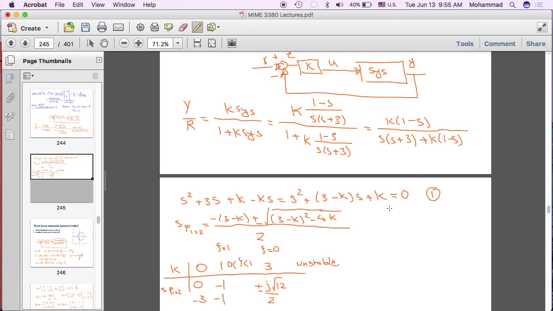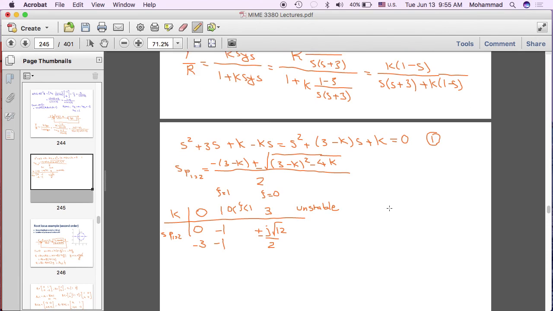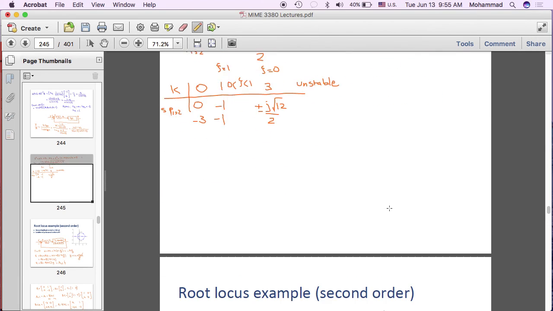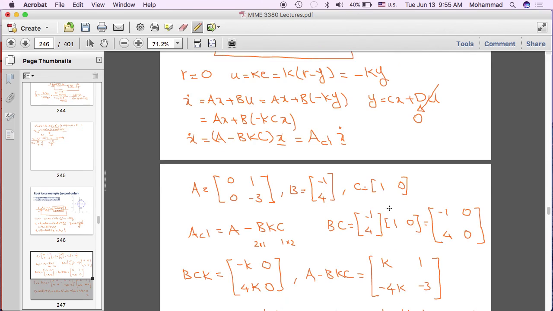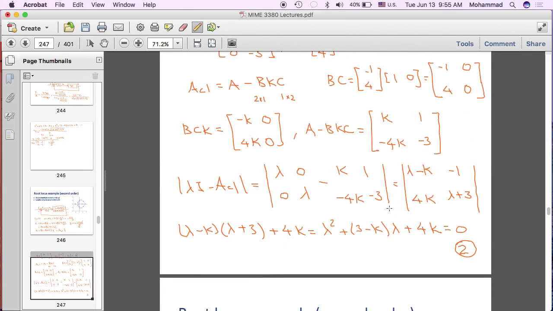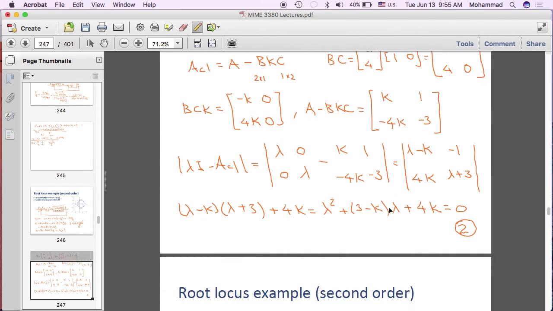So there is a difference here. Why? Where did we make a mistake? These should be identical unless I have made a mistake. Let me trace back quickly to where I made the mistake. Lambda squared minus 3K.